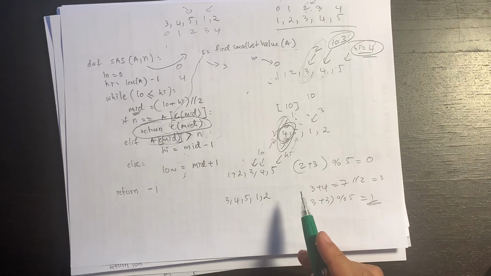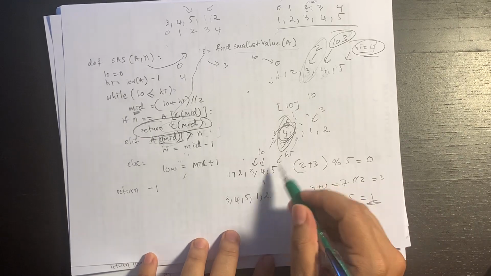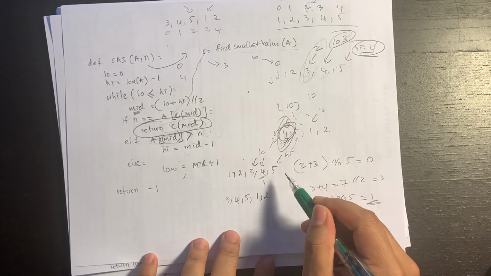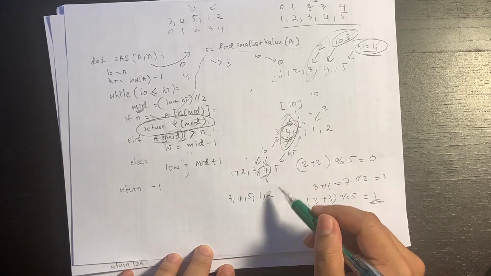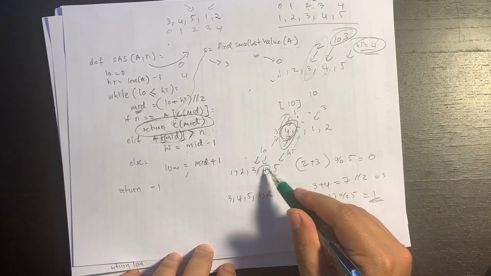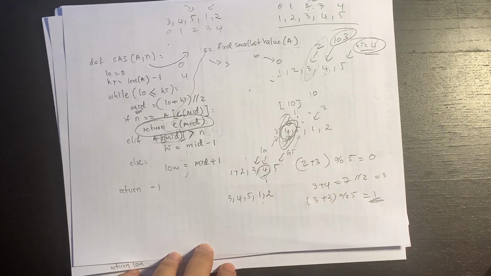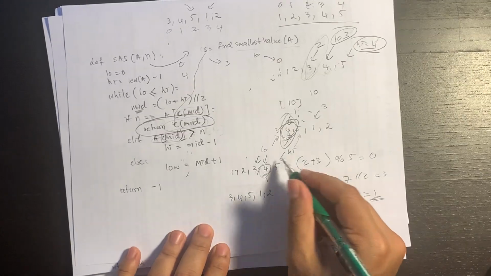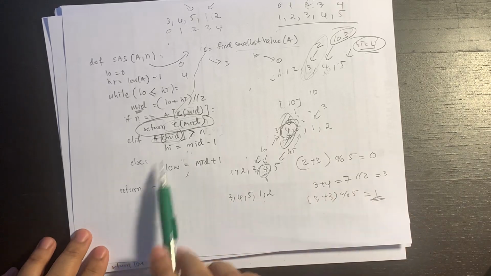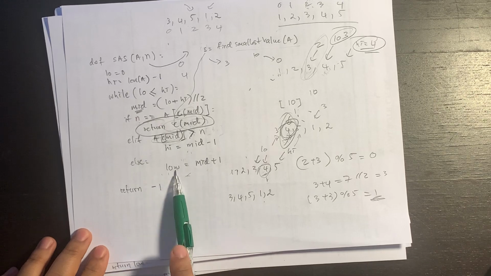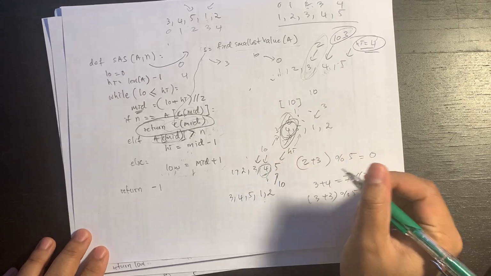Then low is 3 and high is 4, and the new mid would be 3, which would be here. So 4 is still less than 10. Since 4 is less than 10, it's going to do low equals mid plus 1, so it's going to change low to here.